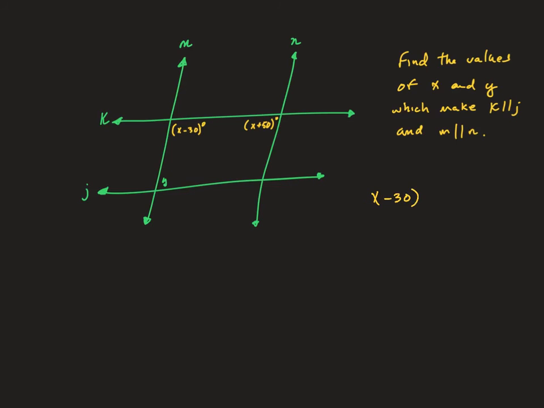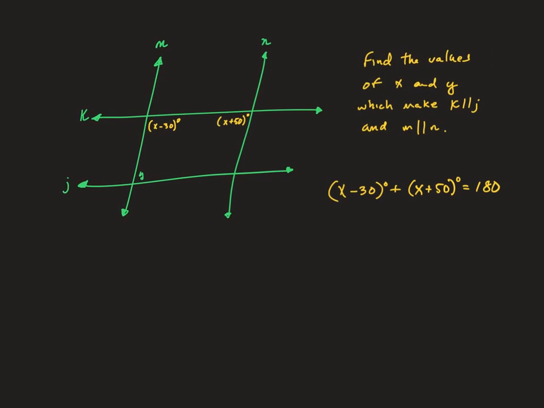I can say x minus 30 degrees plus x plus 50 degrees is equal to 180 degrees. Combining like terms, I'm going to have 2x plus 20, right?